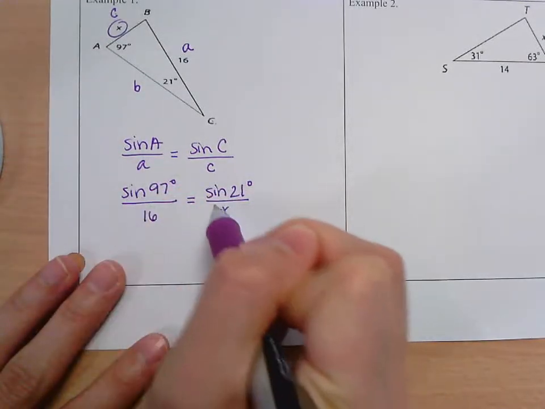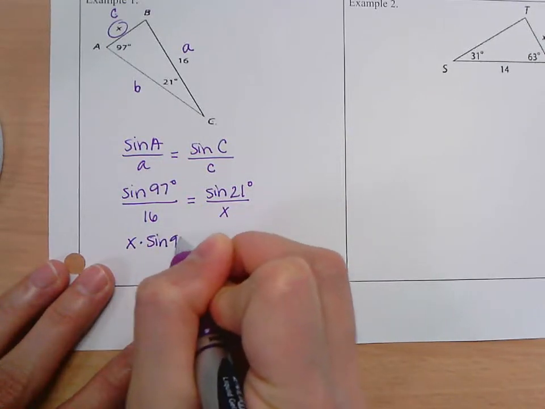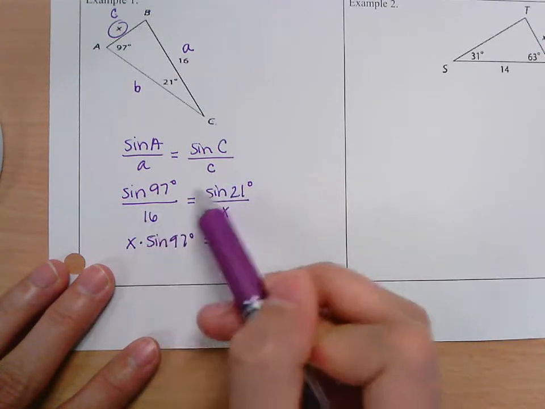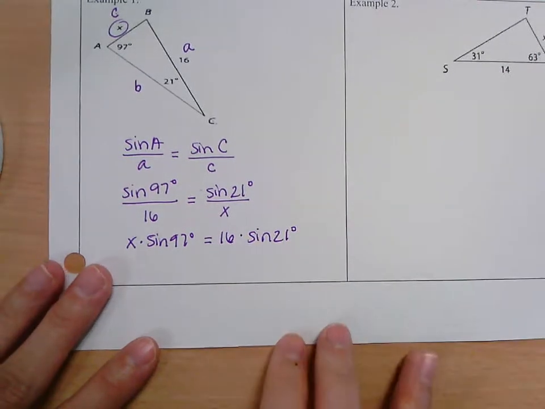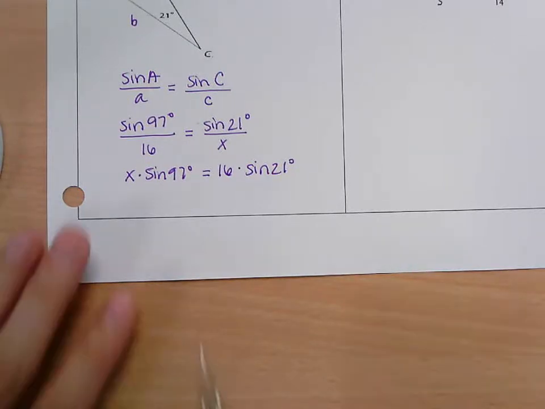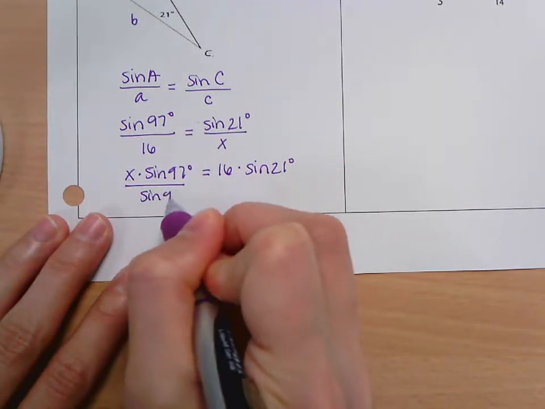So I'm going to write this product as x times sine of 97 degrees is equal to this cross product, 16 times sine of 21 degrees. Then I usually type everything in my calculator at once. You just need to be careful with how you're typing things in, because I know some of you have to type it in a special way. Make sure right now that however you're typing it in, you can get the right answer. Because now to solve for x, I would have to divide by sine of 97.